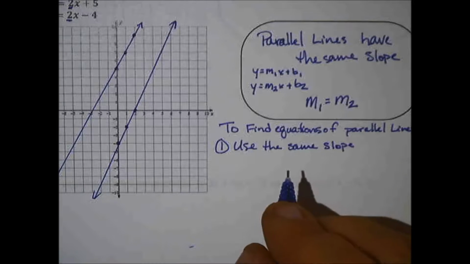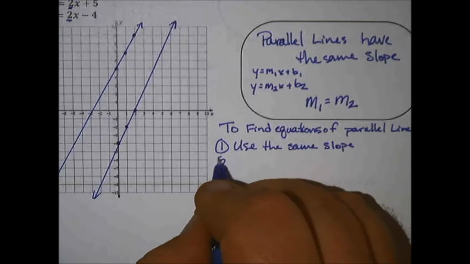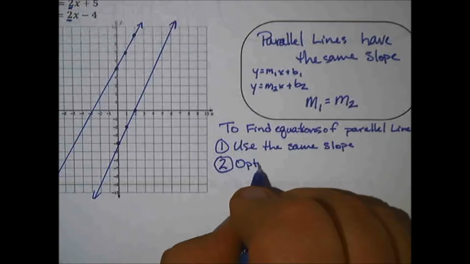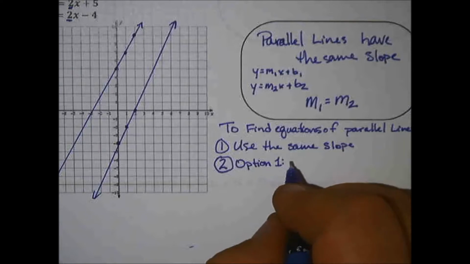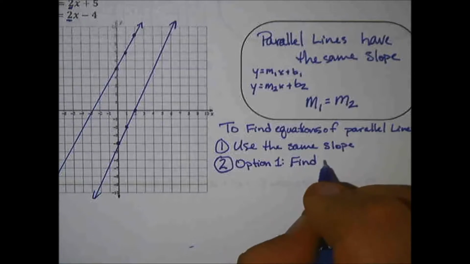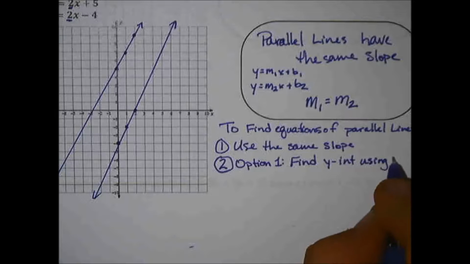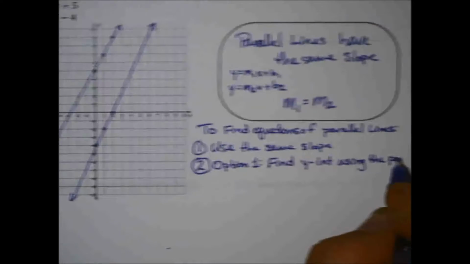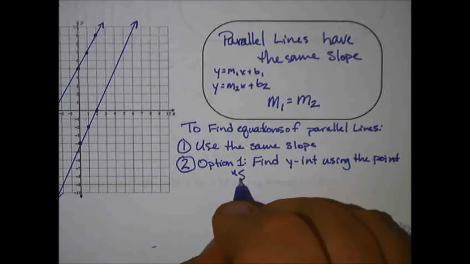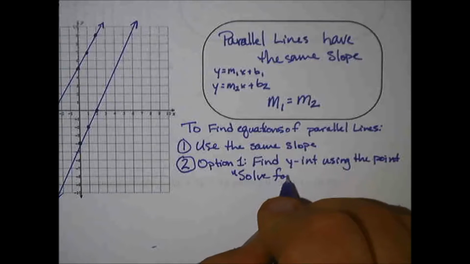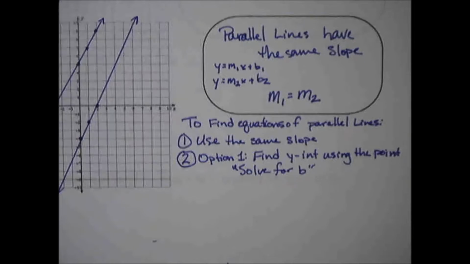Step 2 will be, well, we kind of have two things that we can do. So I'm going to say 2, and I'm going to say that this is option 1. So option 1 is to find the y-intercept using the point. And basically what I mean there is solve for little b. So solve for that y-intercept using that slope-intercept form.